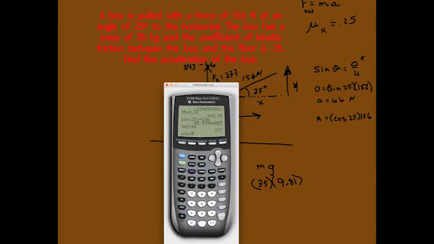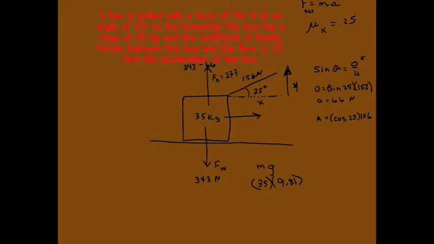Cosine 25 times 156 is 141.38, we'll just call that 141 newtons.